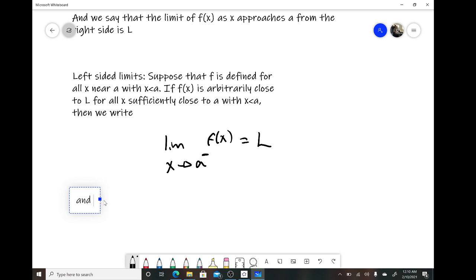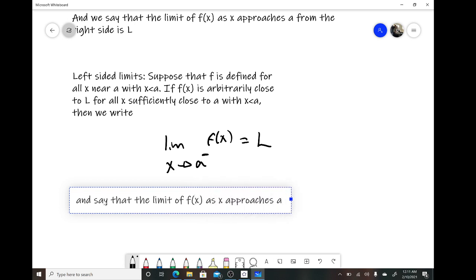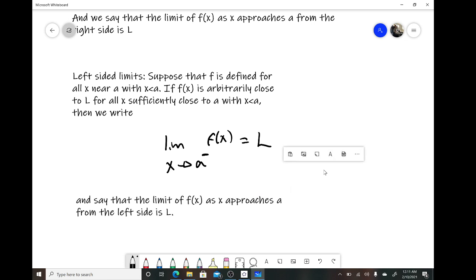So this is a nice way of remembering that a minus sign, when we're talking about limits, means left side, and a plus sign means the right side. So we say that the limit of f of x as x approaches A from the left side is L. This is how this symbol is pronounced.